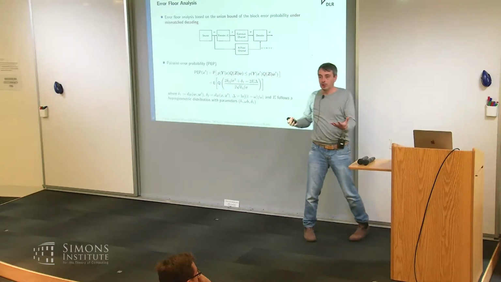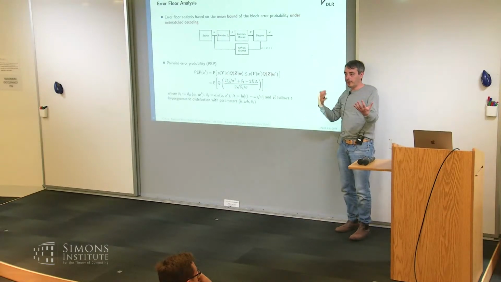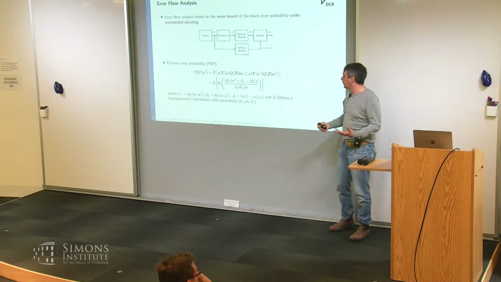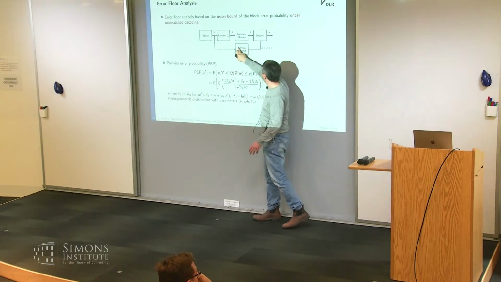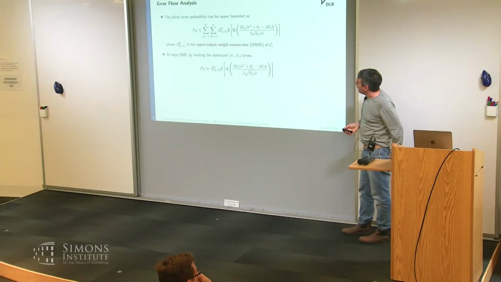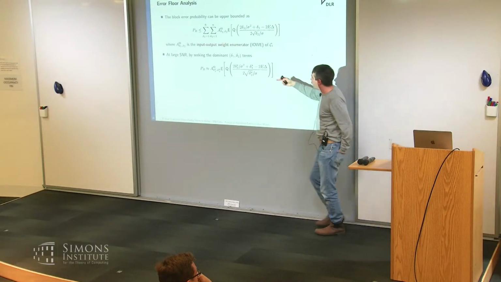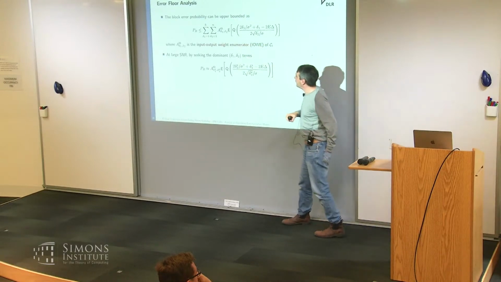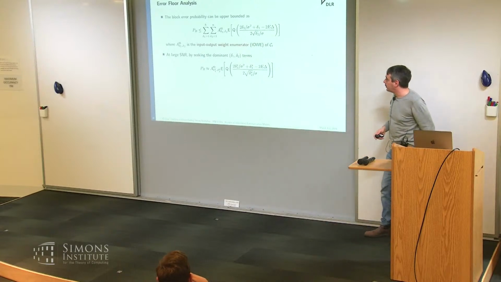So you need to know the composition of the information vectors and codewords at the output of the encoder to compute the error probability under ML. And as just said, the quantity that matters in the union bound now is the input-output weight enumerator.